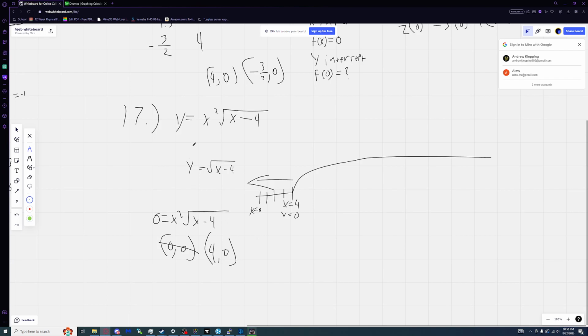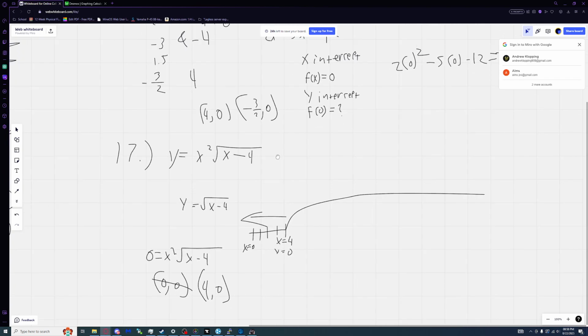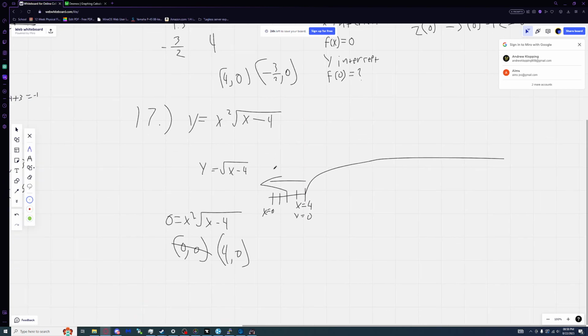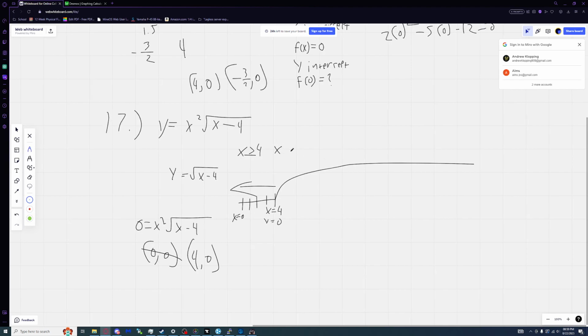So, when we're setting x equal to 0 to find our y-intercept, we know that x must be greater than or equal to 4. That is a must. x is not less than 4.